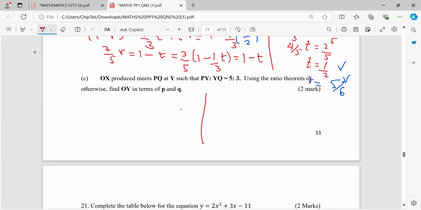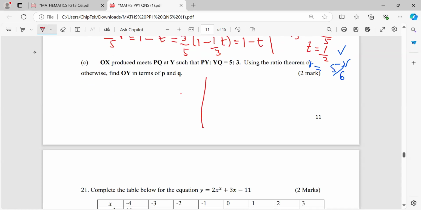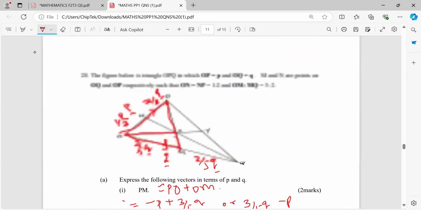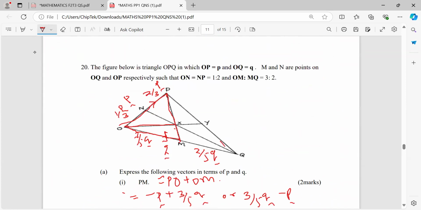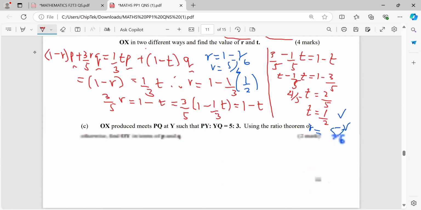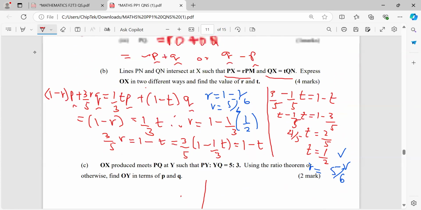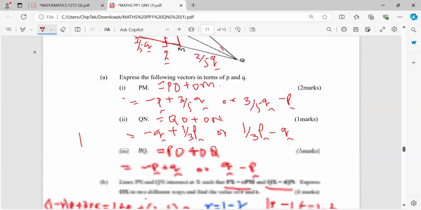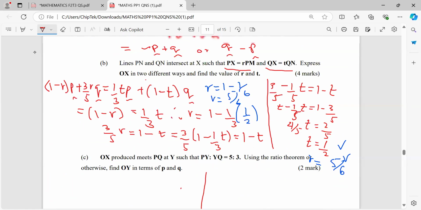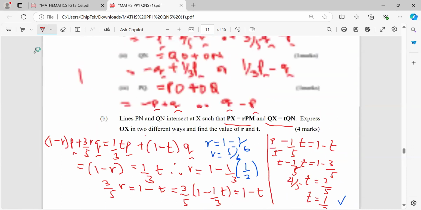So wajua PY to YQ ni 5:3. So hapa 5:3 ni 5/8 na 3/8. So remember find OY in terms of P and Q, or X produced.